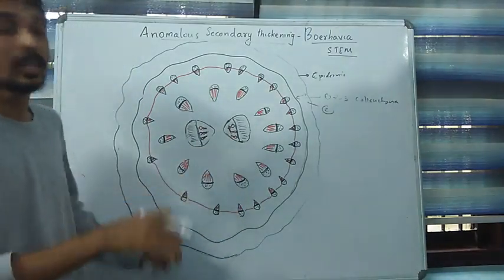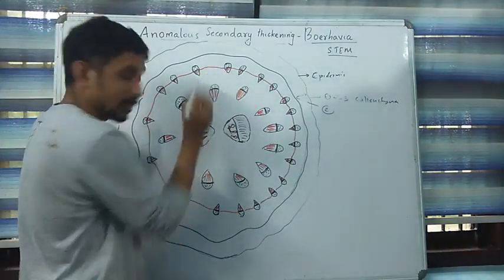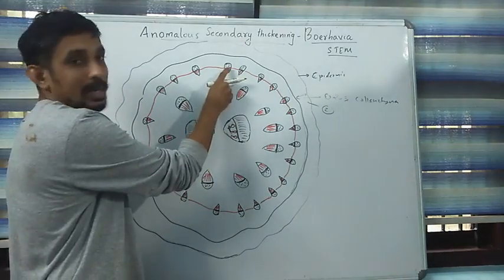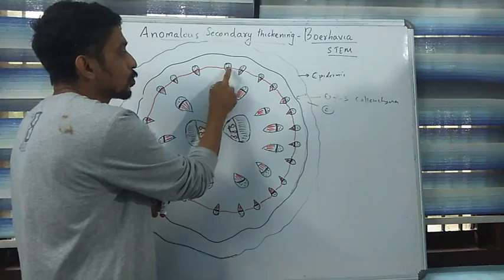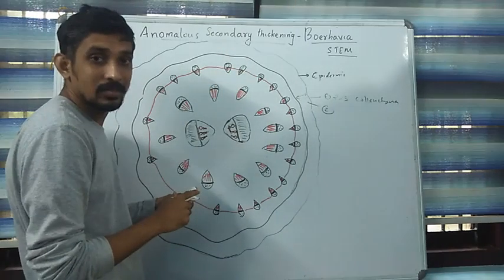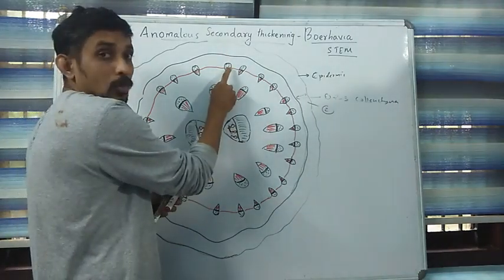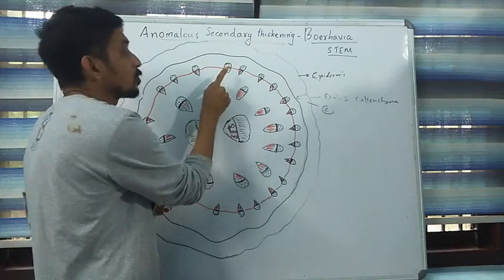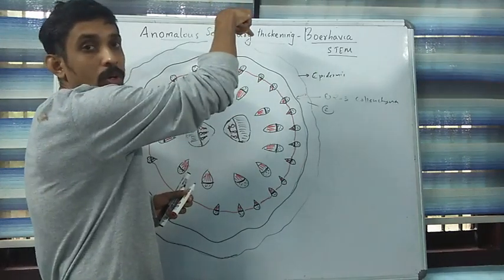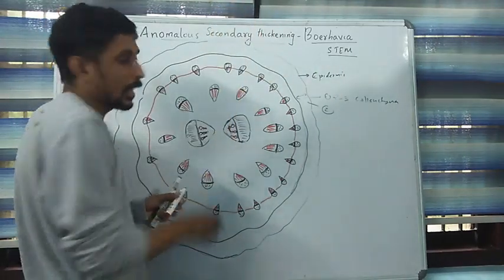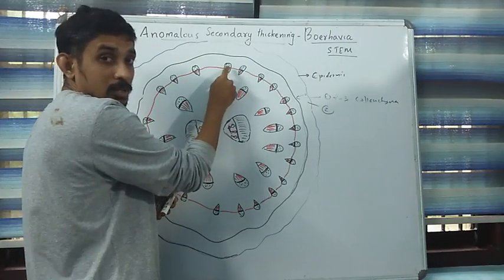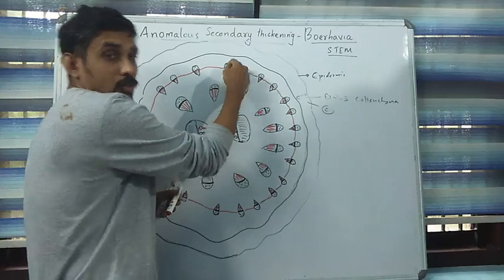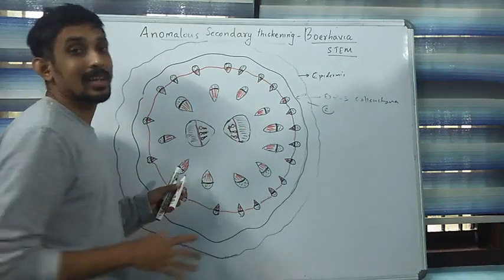So this cambial ring is made up of fascicular cambium and interfascicular cambium. Among these, the fascicular cambium produces a group of tissue towards outside and inside. The tissue produced towards outside is called secondary phloem, and the tissue produced towards inside is called secondary xylem.